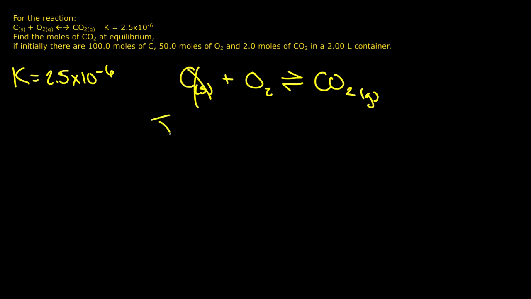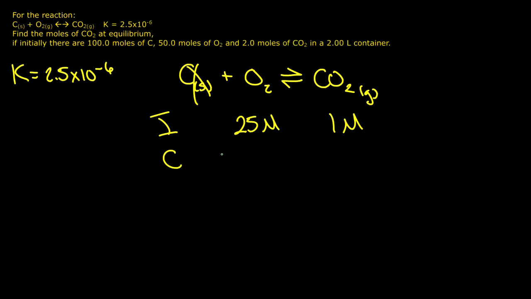So let's find these initial concentrations. There's initially 50 moles of oxygen, and it's in a 2-liter container, so 50 divided by 2 is 25 molar. Carbon dioxide is 2 moles in a 2-liter container. 2 divided by 2 is 1 molar. Now to find the change, we always minus reactants by a certain amount of X, and the balanced equation coefficient tells us by how much.